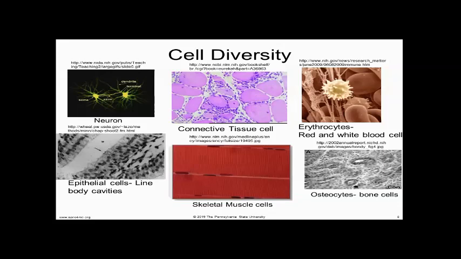Probably one of the ones that we want to think about, and why I have this slide up here, is the epithelial cells and endothelial cells. And what they do is they line the body cavities. So like in your bloodstream and all that other stuff, they form like scales on a snake or like shingles on a roof.